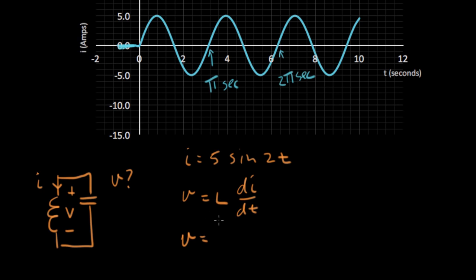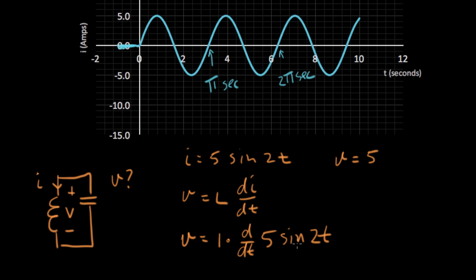V equals L, which is 1, times di dt. So that's d dt of 5 sine 2t. Now let's take that derivative. Okay, I'll go up here. V equals 5 comes out of the derivative.